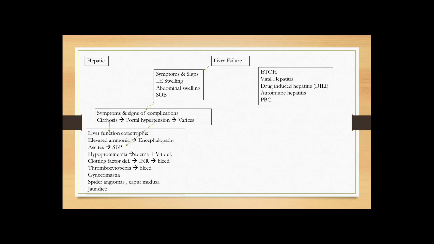Then also, because of decreased synthetic function of the liver, there will be thrombocytopenia. Thrombocytopenia, or low platelet count, usually happens as a result of cirrhosis and portal hypertension, which cause splenomegaly too, and splenomegaly will result in entrapment of all the platelets, and these people will have low platelet count and finally start bleeding.